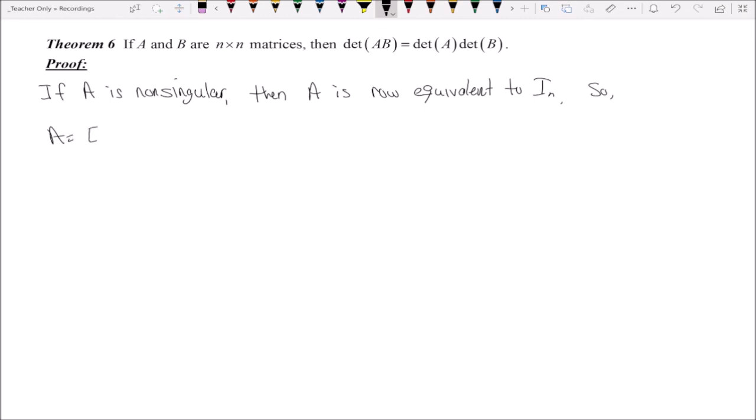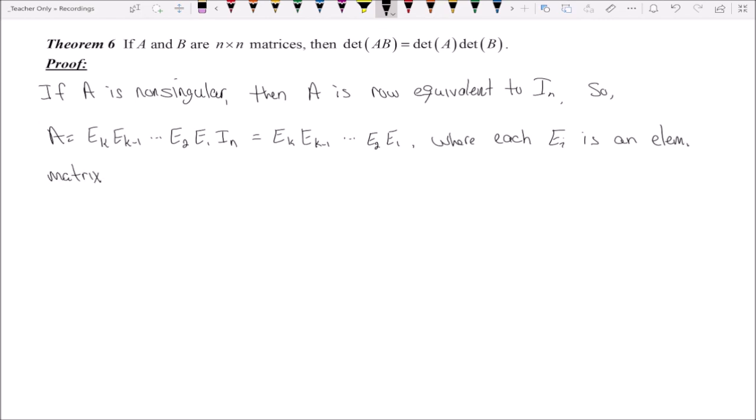Right? So A would be EK times EK minus 1 times E2 times E1 times IN, which of course is just EK, EK minus 1, E2, E1, where each EI is an elementary matrix. So, the determinant of A is the determinant of that product, which of course we can write as this product.